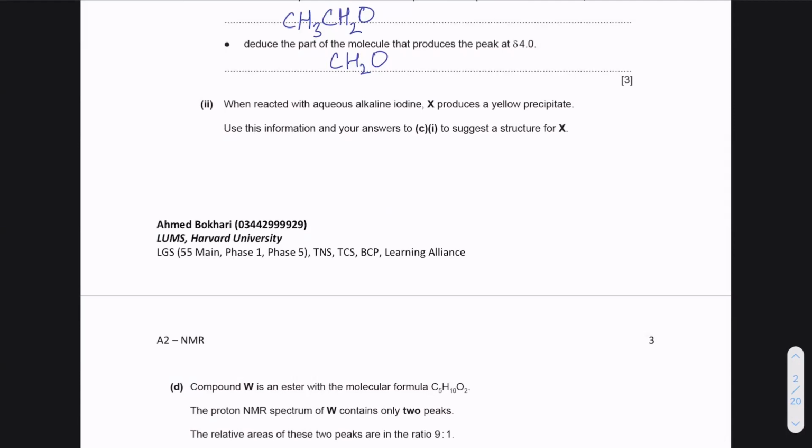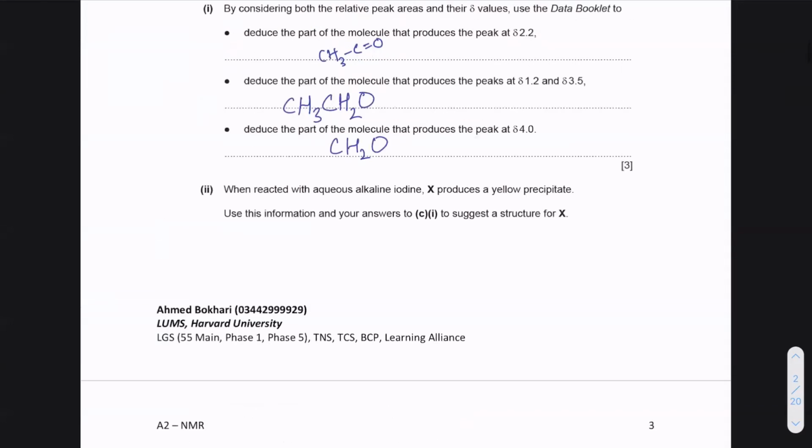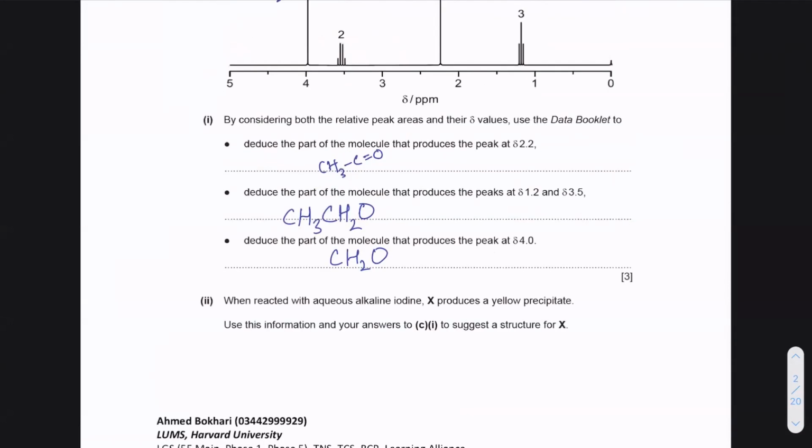Iodoform reaction happens when you have a carbonyl next to a methyl. तो इसका मतलब है कि यहां पे suggest a structure of X. इसमें carbonyl है which is next to a methyl. ये part इसमें है. ये मुझे यहां से पता चल रहा है. X produces a yellow precipitate.